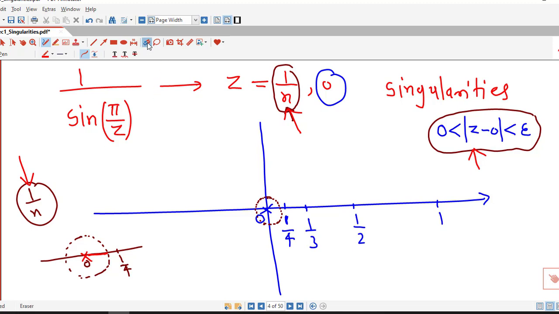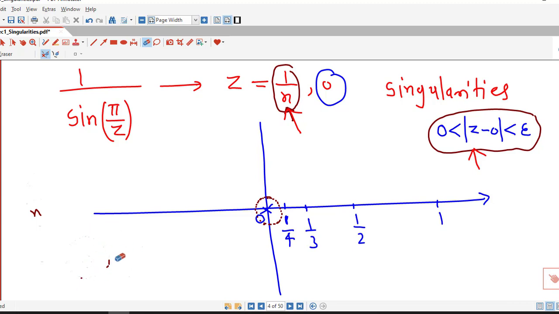So z equal to 0 is a singularity of this function, but it is not an isolated singular point of this function. Now we check at all these points. Suppose we want to check at 1 by 3, then we have to find a deleted neighborhood of z0 equal to 1 by 3 such that the function is analytic throughout that deleted neighborhood.